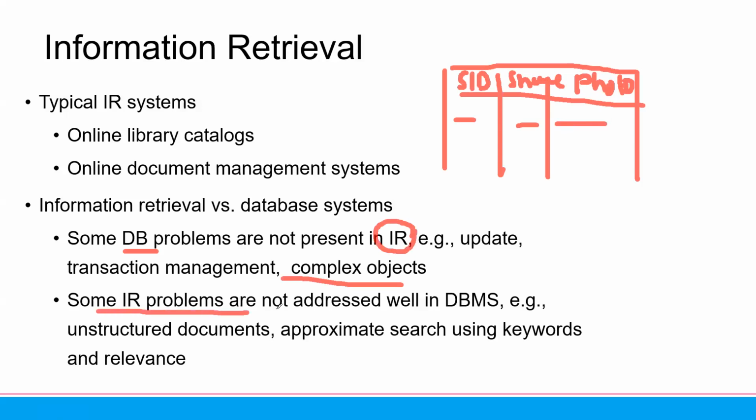In IR, we have some problems which are not addressed well in the DBMS. For example, unstructured documents. If you have news, these days we have the World Cup. If you put news about soccer, where do you want to put the category? Whether it is in sport, or maybe we have a new category, World Cup.